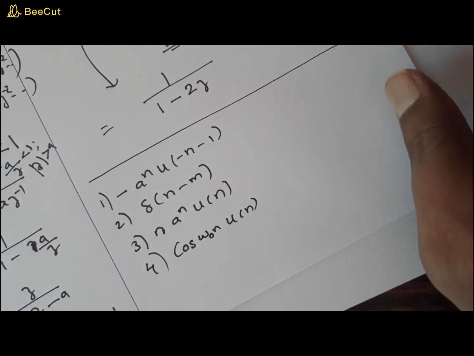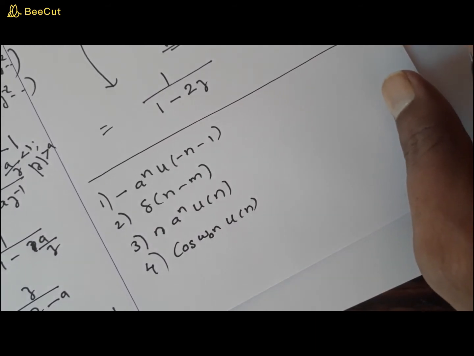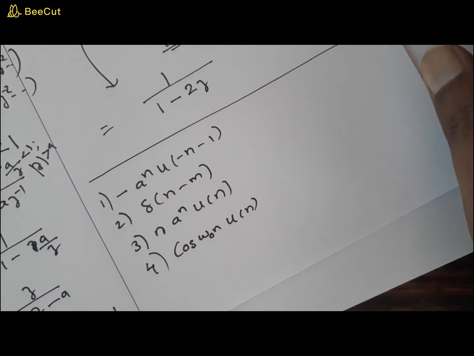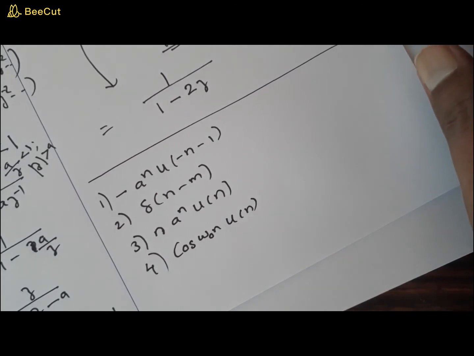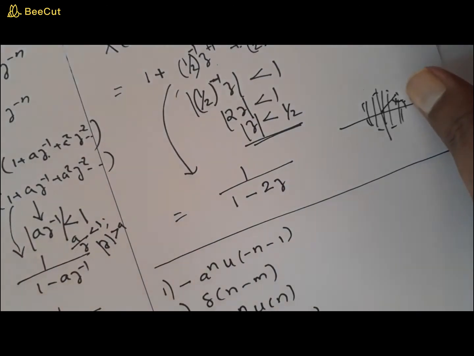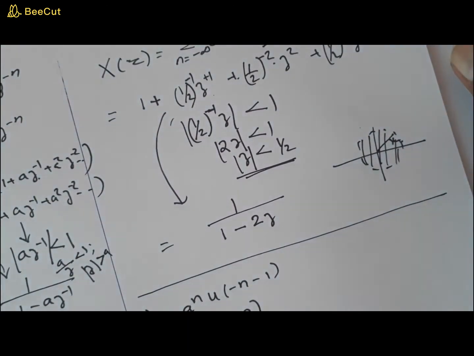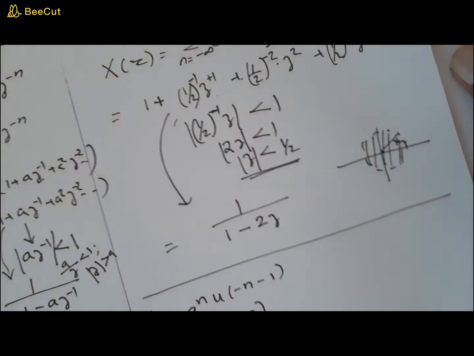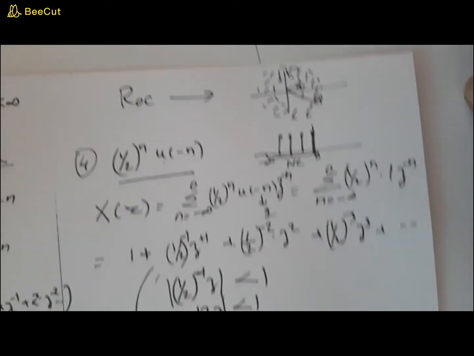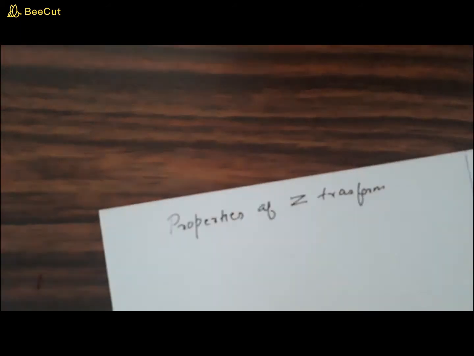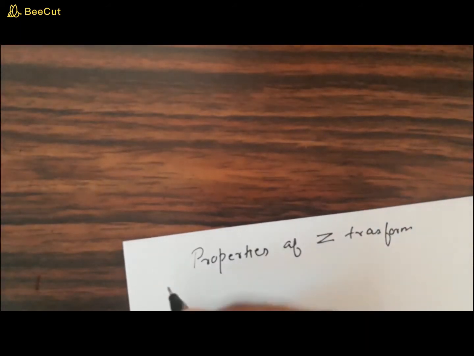Just as we need the table of Laplace transform standard signals, we also require knowledge about the Z transform of some standard signals, especially when you study inverse Z transform. Okay, now the next one is properties of Z transform.